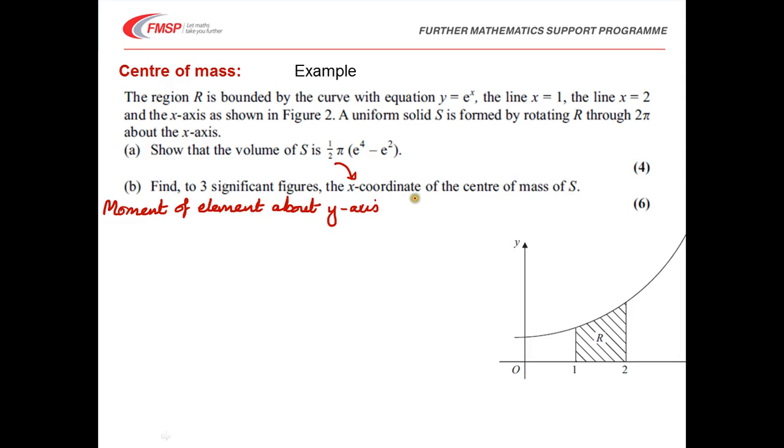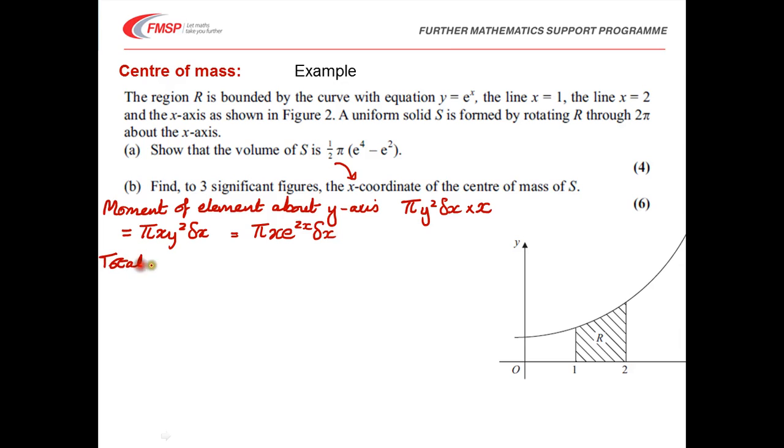The moment of my element about the y-axis is its mass, its volume, pi y squared delta x, multiplied by its distance from the axis, which is x. So pi x y squared delta x, or if you prefer, pi x e to the 2x delta x. So we can then sum all of those together.